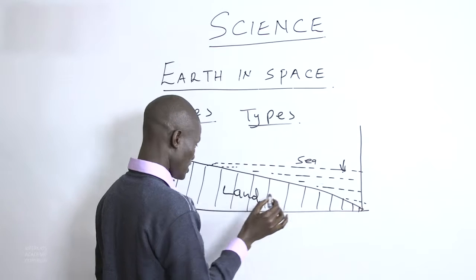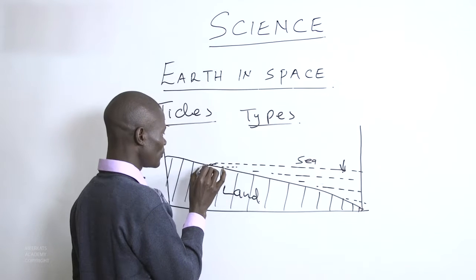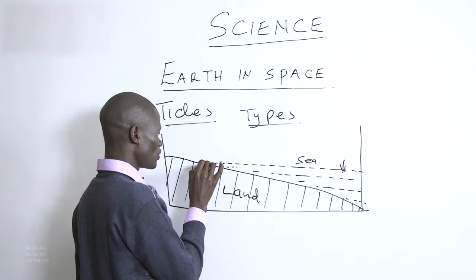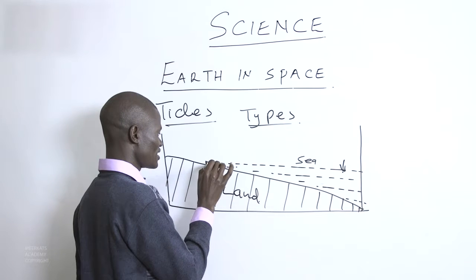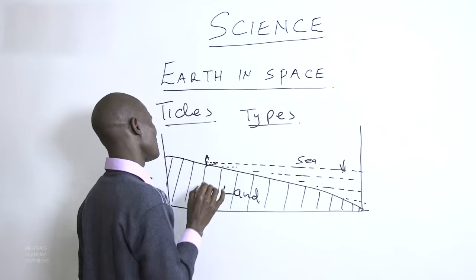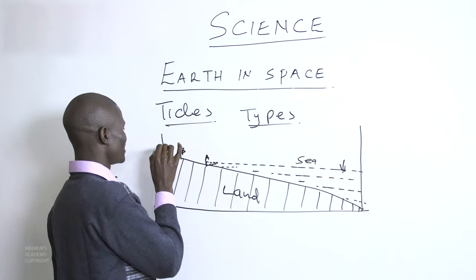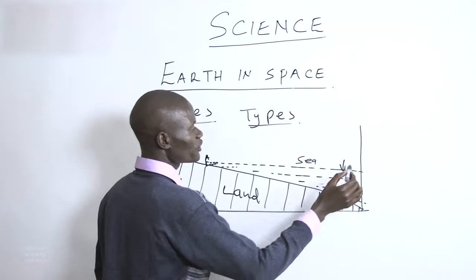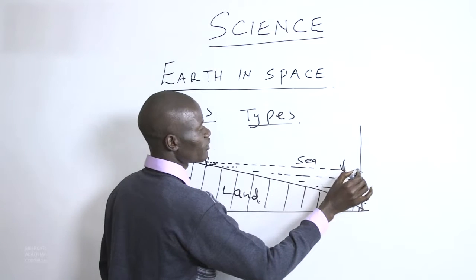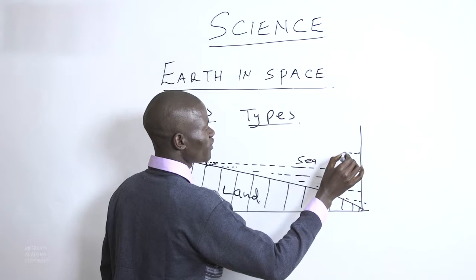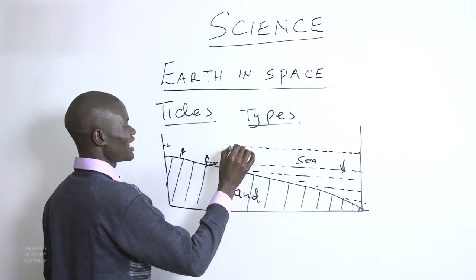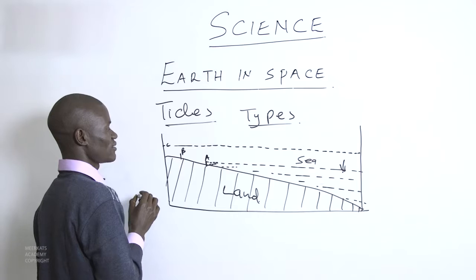When the water level increases, the water will tend to move from this point. Let me just mark it. This is A, this is point B, and this is point C. During that period, there will be an enormous water level that will come and create a high tide.